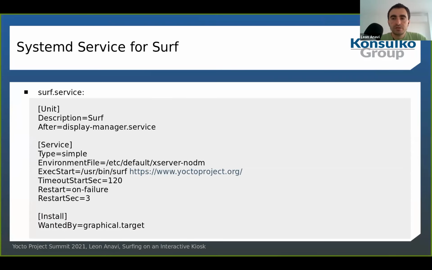For Surf, I also need a systemd service, which will run after the display manager and be wanted by the graphical target, which will launch the Surf web browser in full screen and load the URL of yoctoproject.org.